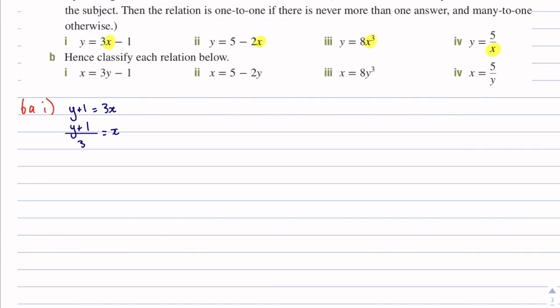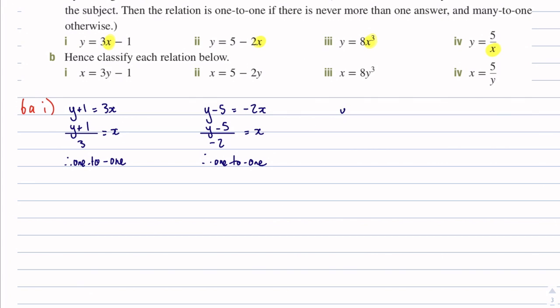So it's 1 to 1. Okay, number 2, we've got y take 5 equals -2x. So y take 5 over -2 equals x. Then again, 1 to 1.